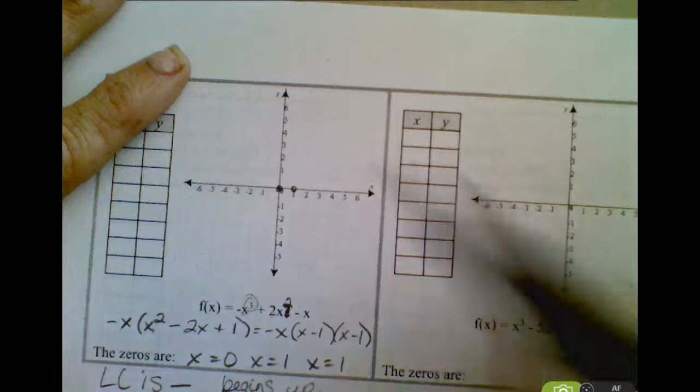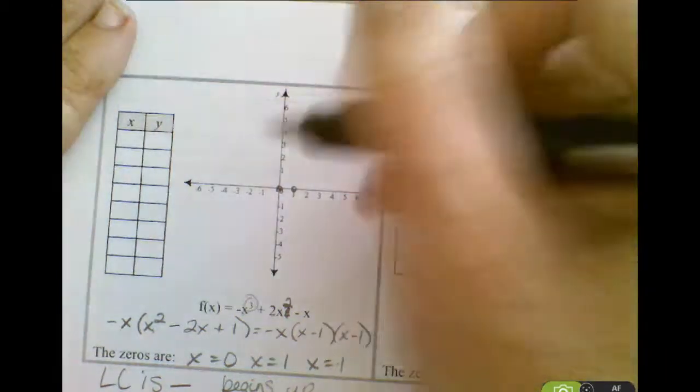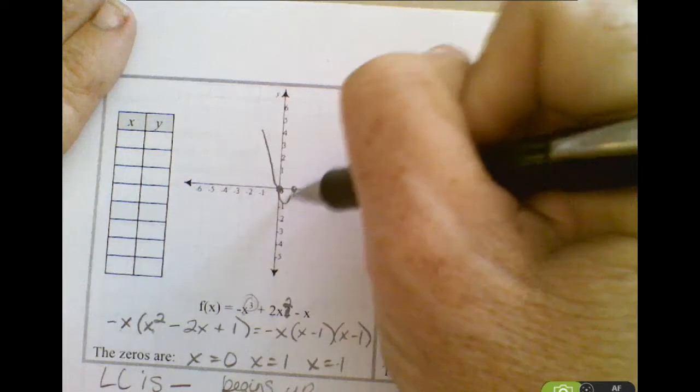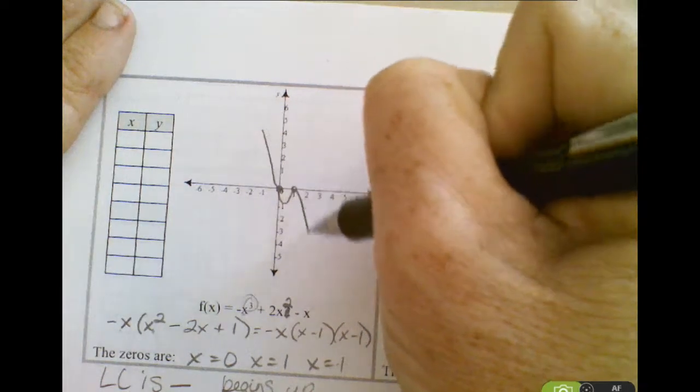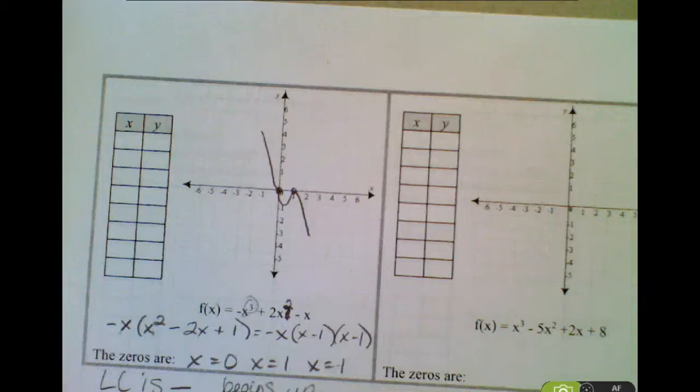But now on that one in the middle, at 1, it's going to bounce off of that. So it's going to go down, bounce off that one, and turn right back around and go down. It does not pass through that point. It's just going to bounce off of it and go back down. Okay? If you can think about the two factors as maybe one heading into that point and the other one heading out of that point.